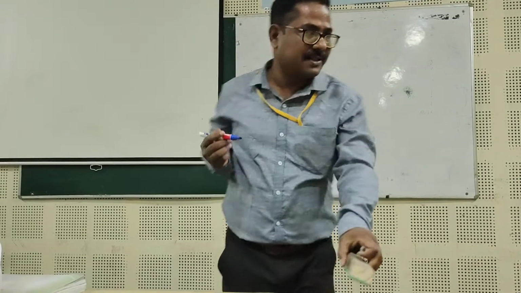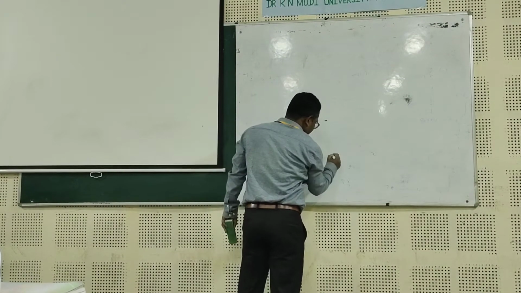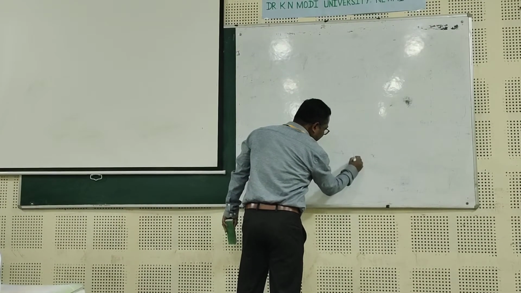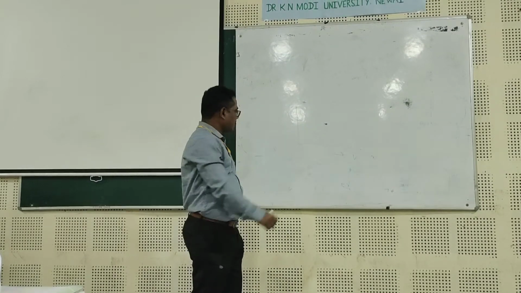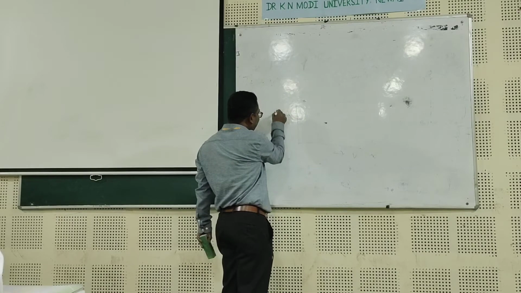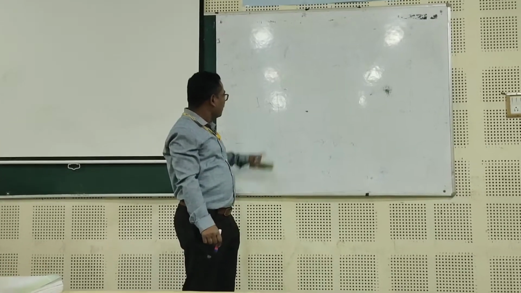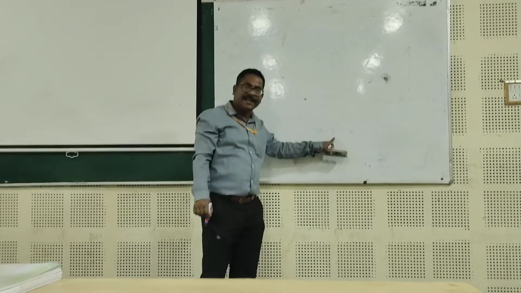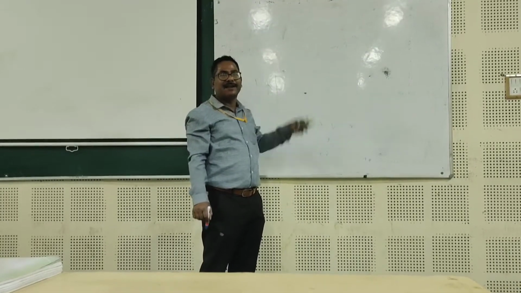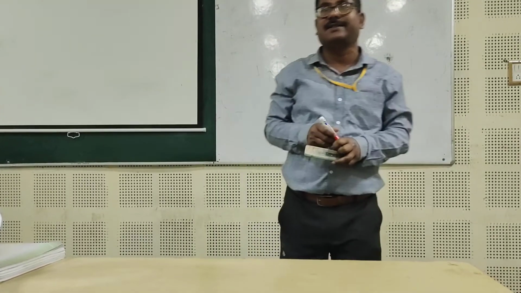Say if it is a resistor, then if this is your V axis, the independent variable, and I the dependent variable. Why is this the independent variable and this the dependent variable? Why is current dependent on voltage?